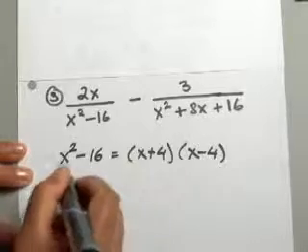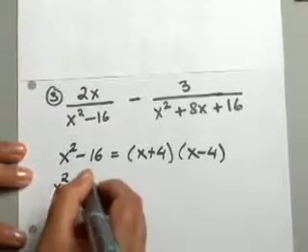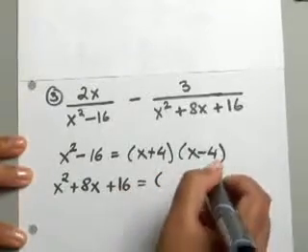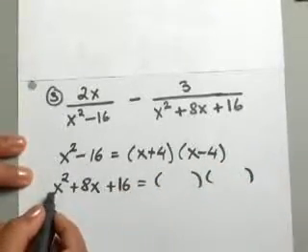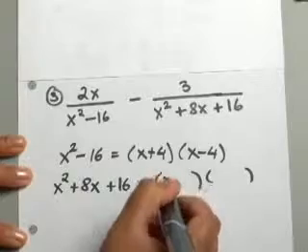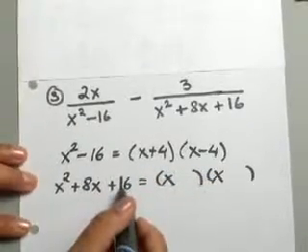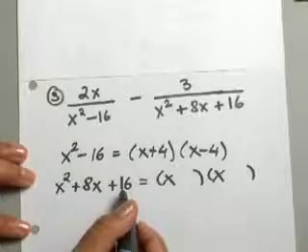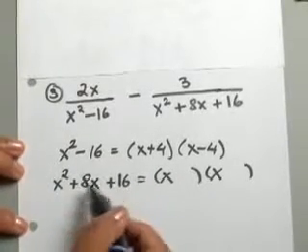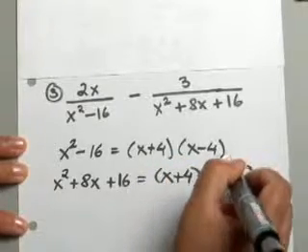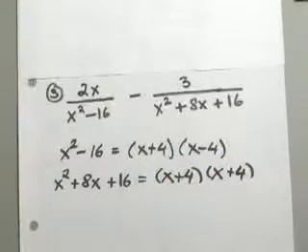And then we'll factor x squared plus 8x plus 16. Okay, again your leading coefficient is 1, so this will just be x and x. Now you want to find factors of 16 that will add up to give you 8, which will of course be 4 times 4, and they will both be positives.